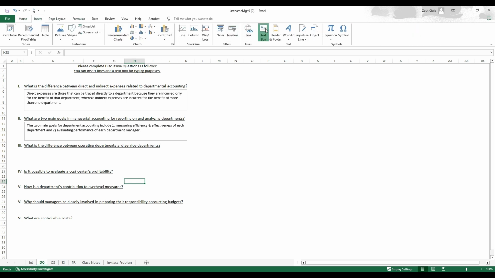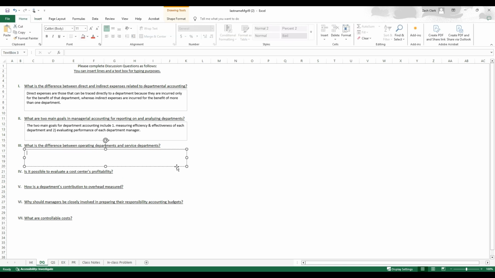Okay, let's go down to question number 3. What is the difference between operating and service departments? Operating departments produce products or services, or sell products or services.